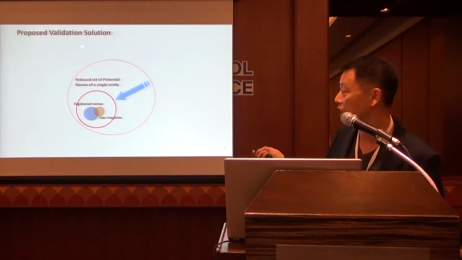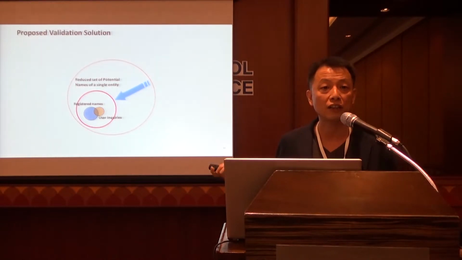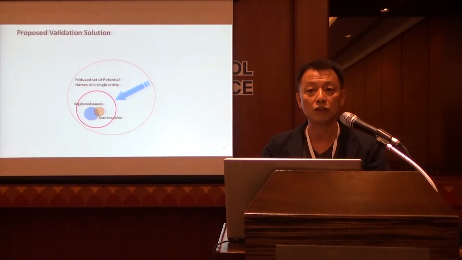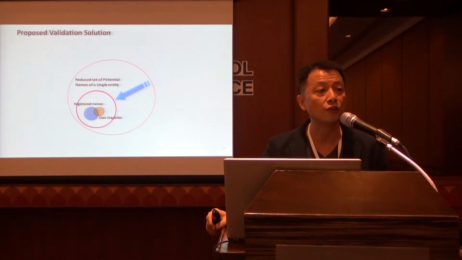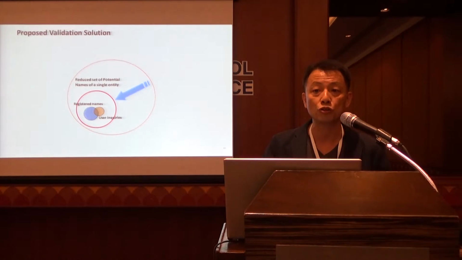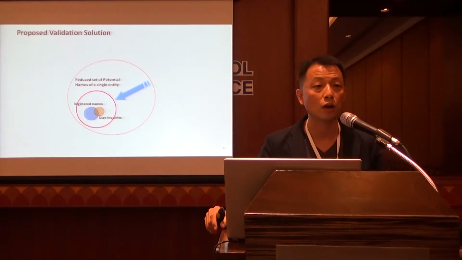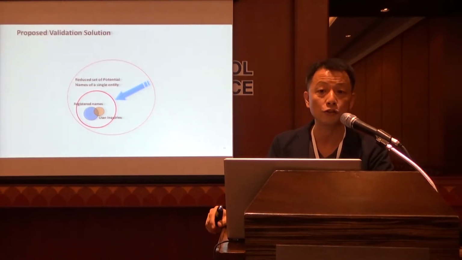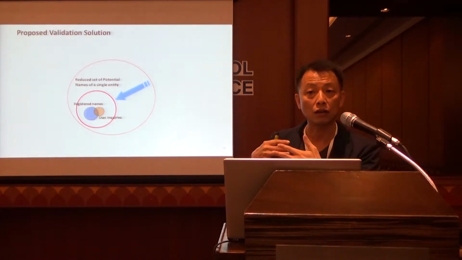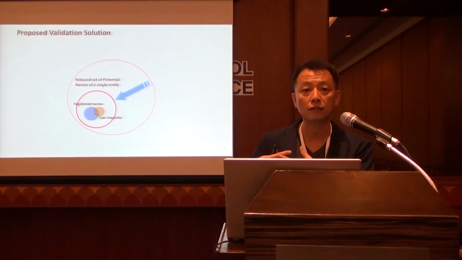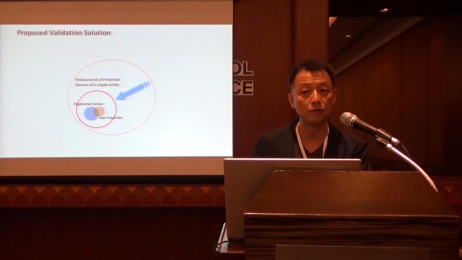We propose a validation solution. The validation solution is that we set some limitations. When you register the domain name, you need to follow some sort of rule, some sort of guideline, so only very selected characters can be entered into the root zone file. And when you try to query from your application, either browser or DNS client, we regulate that application behavior and limit it so only certain acceptable characters can be entered.